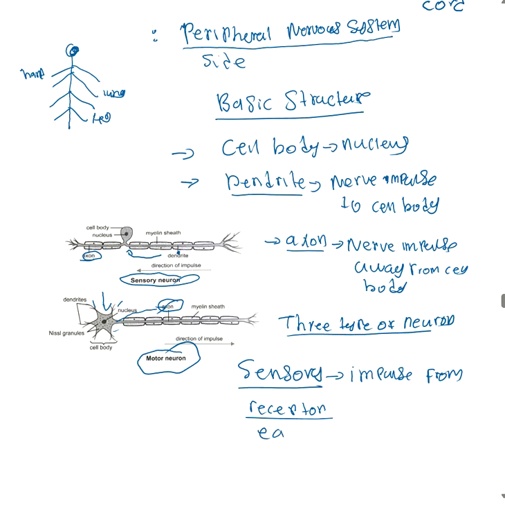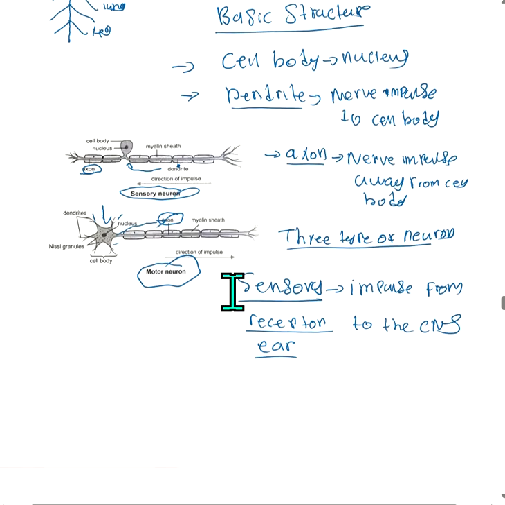For example, the receptor can be the ear, to detect sound. So they send this impulse from the receptor to the central nervous system. The information is sent from your ear to the brain. This is the function of the sensory nervous system.